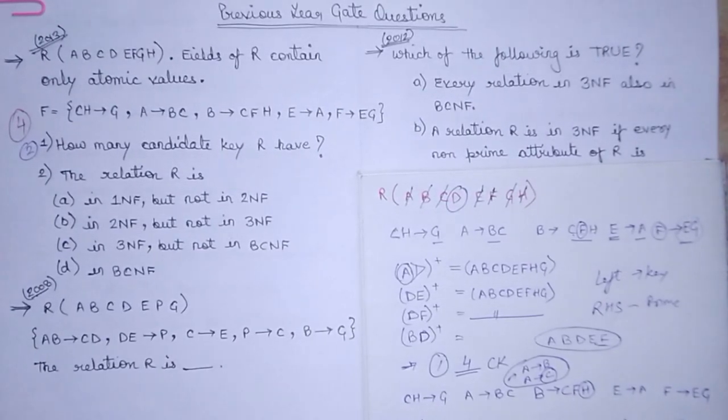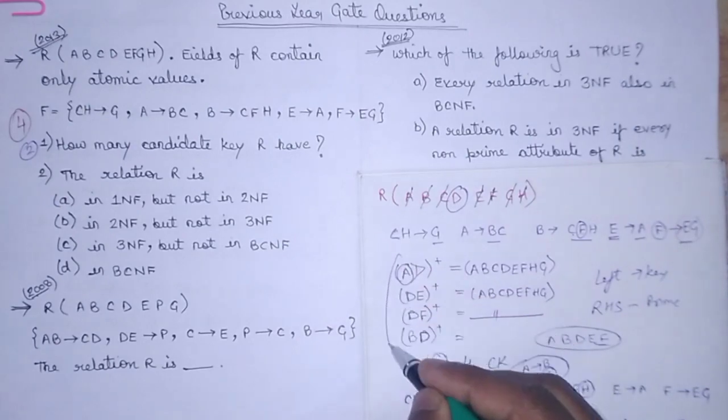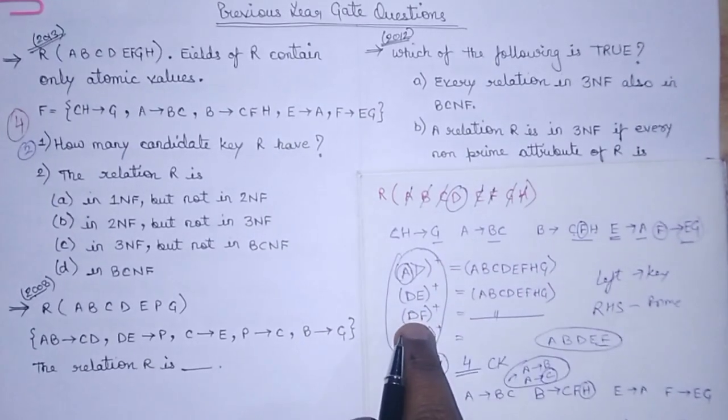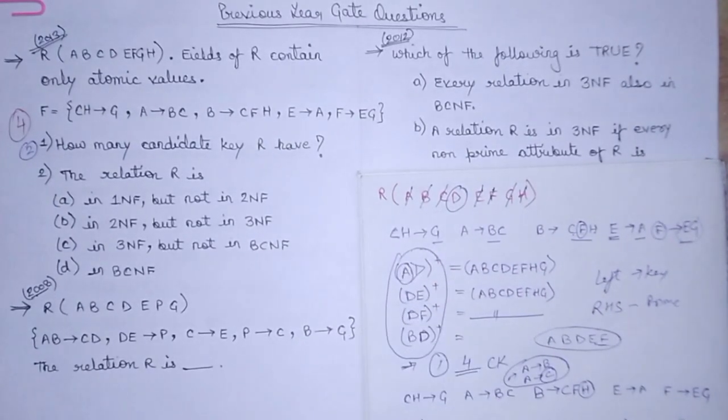Now we have to check for 2NF. In 2NF you know that if there is any partial dependency, then it is not a 2NF relation. So how can we find out the partial dependency? If a subset of any of these keys is defining a non-prime attribute, then it would be a partial dependency.